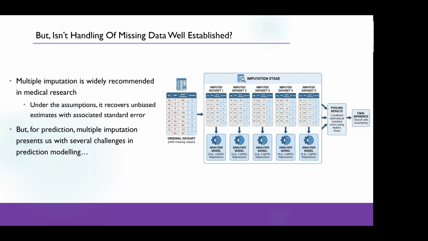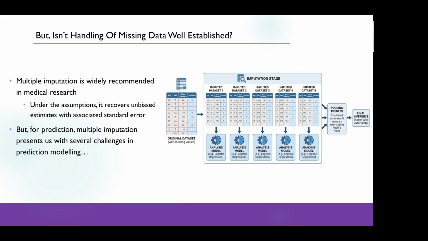It also correctly estimates the standard error associated with those estimates. So through this process of creating multiple copies, we're respecting the fact that there's error associated with the estimation process itself, but then also error associated with the fact that some values were originally missing. And this is being widely known.